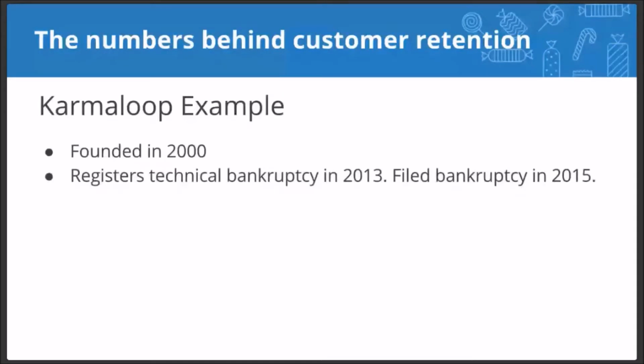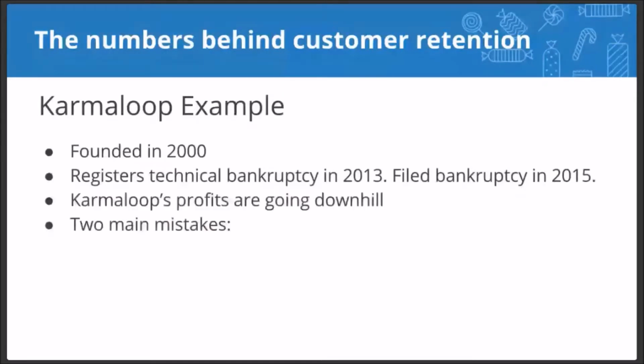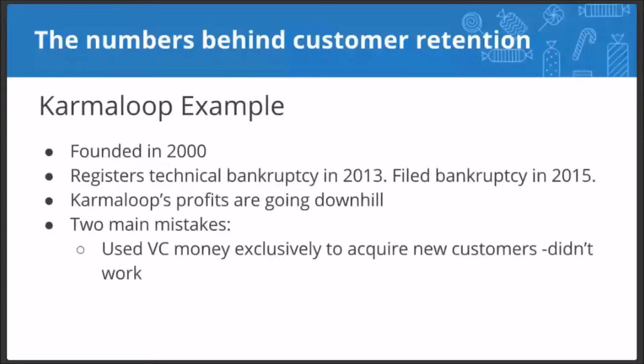So we can identify two main mistakes that took Karmaloop to this point. One of them is that they used venture capitalist money exclusively to acquire new customers, and all these customer acquisition strategies that they put into practice didn't work. So they burned a lot of their investors' money on strategies or tactics that didn't get them as many customers as they thought.